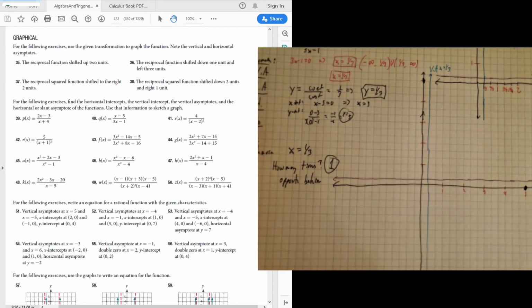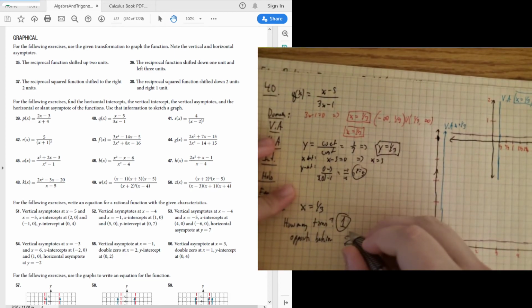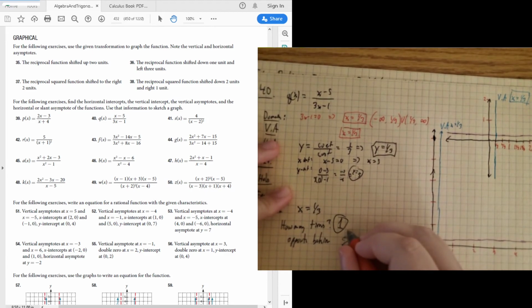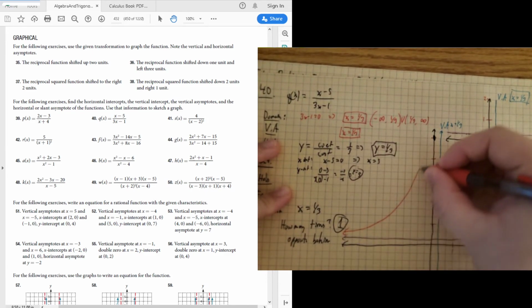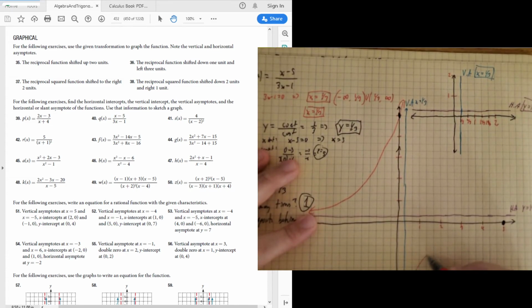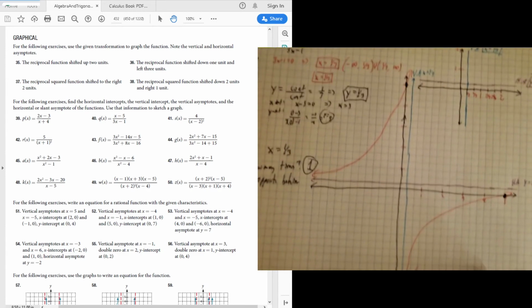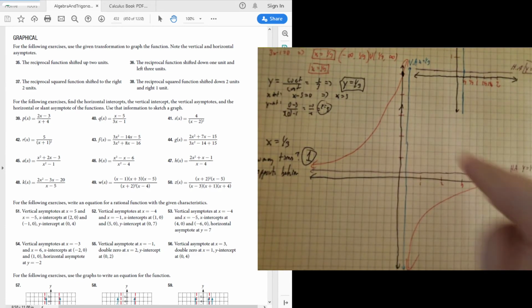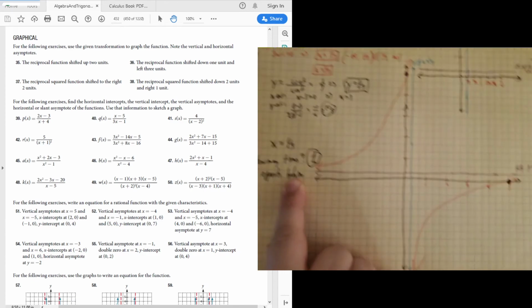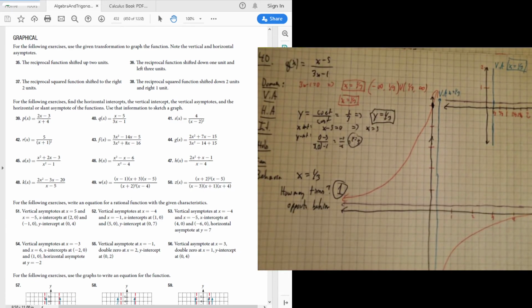Well, the only way that's possible is if on this graph I have this picture and that picture. It's the only way that will meet the intercept criteria and the opposite behavior criteria. And it turns out, if we graph this thing, that's exactly what happens.